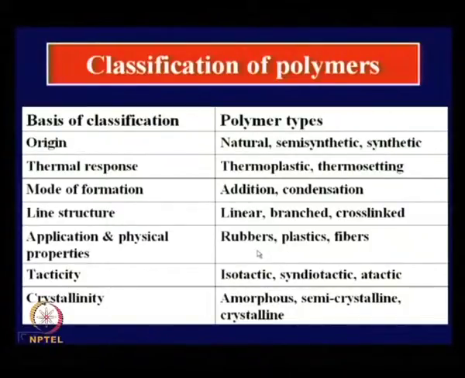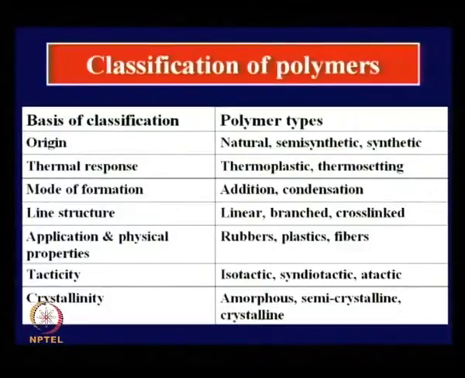Of course, there are differences in these different names in each category, we will explain later. Then on the basis of tacticity, tacticity means if you think of a polymer molecule, there may be side groups, that means the disposition of side groups that gives a geometric shape to the molecule, geometric configuration to the molecule, and we get three different types of polymers: isotactic polymers, syndiotactic polymers and atactic polymers.